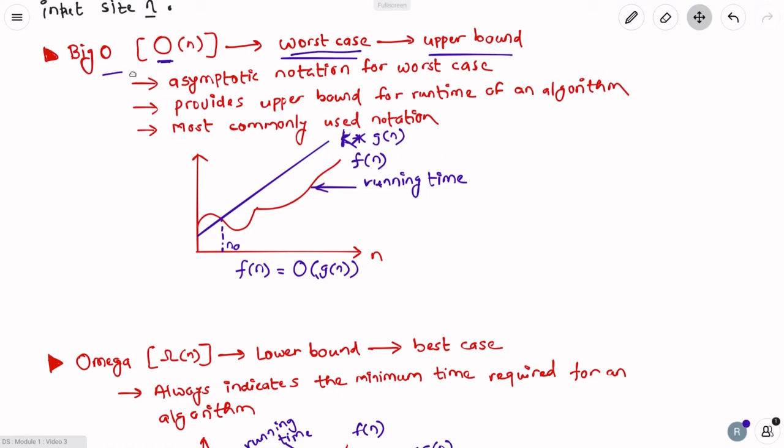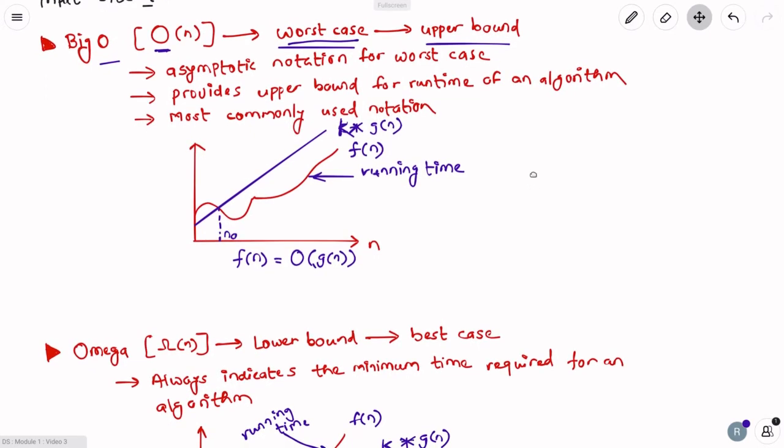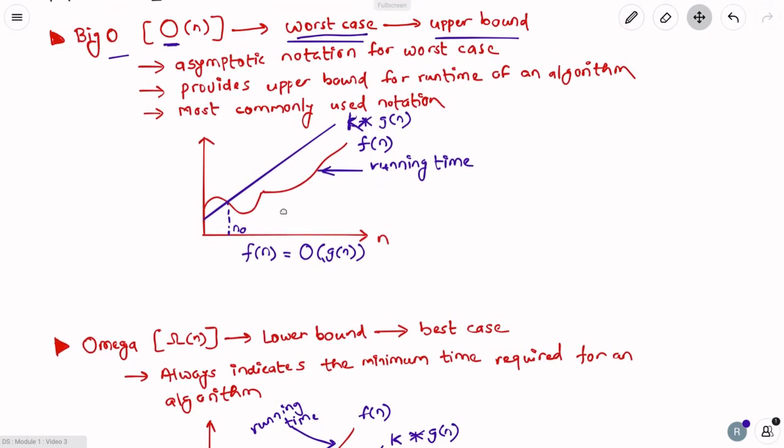What is the meaning of it? I'm going to discuss a few programs and how we can write the time complexity in terms of asymptotic notations in a few minutes, but let me first explain how this asymptotic notation works.